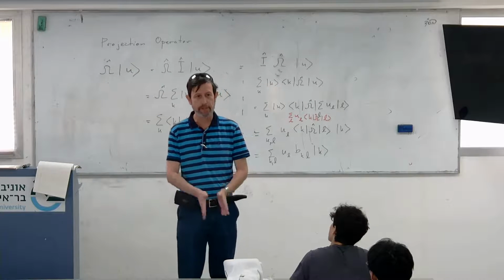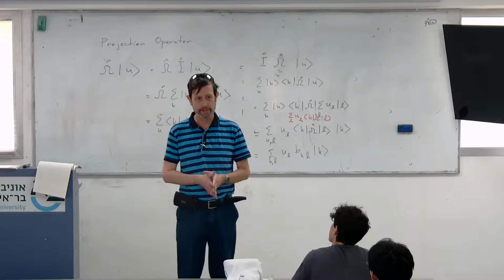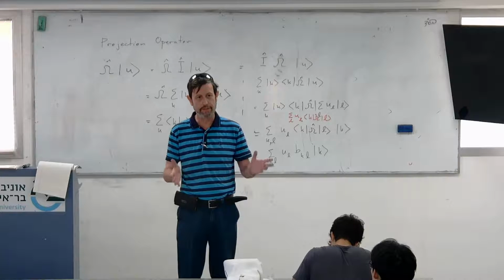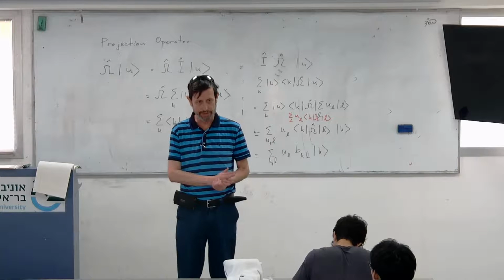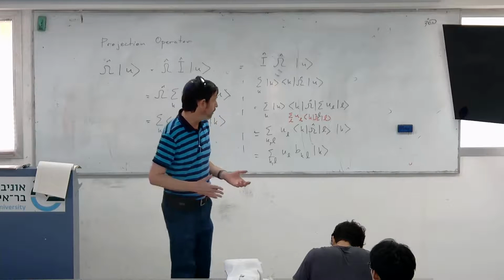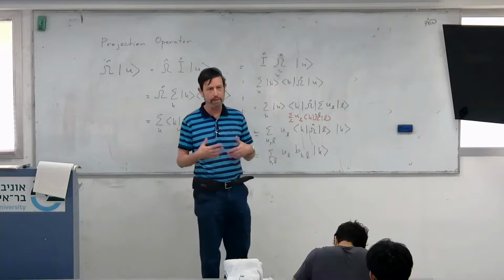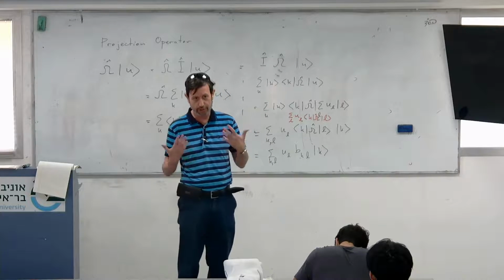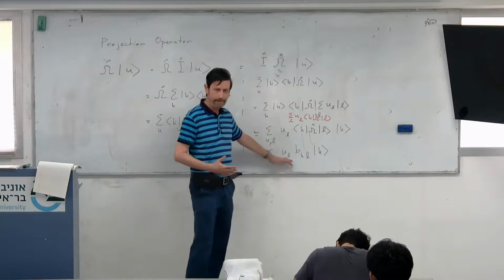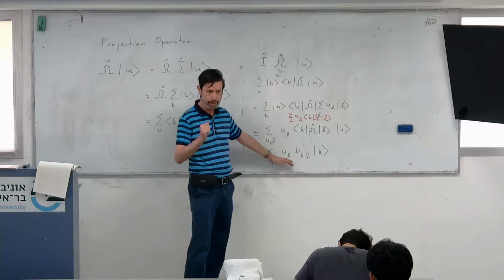It behaves as a matrix even if we insist on writing it in the bra-ket representation. The only thing that we need in the bra-ket representation is a summation on the projection, which immediately gives you the matrix.